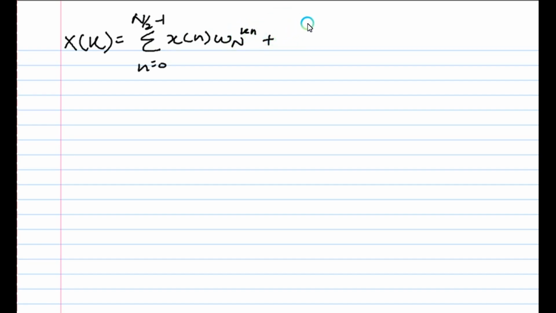So I will substitute this in X of k. So I will get X of k equivalent to summation n running from 0 to N by 2 minus 1 of x of n W_N^{nk}, and this is my first summation. We have done nothing with this.